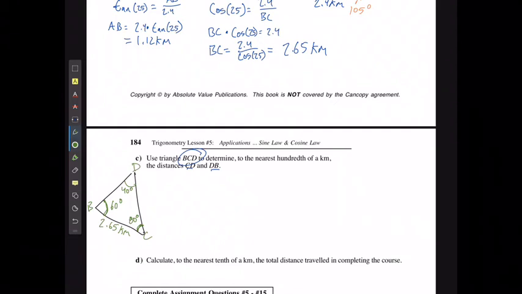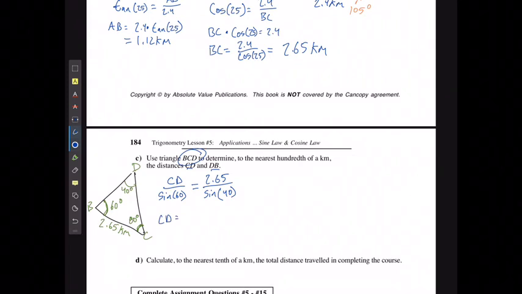So, if I know an angle and its opposite, and I'm trying to find the other ones, I can just use my sine law to solve for both of these. I can say that if I want to solve for CD, CD divided by sine of 60 is going to equal 2.65 divided by sine of 40.